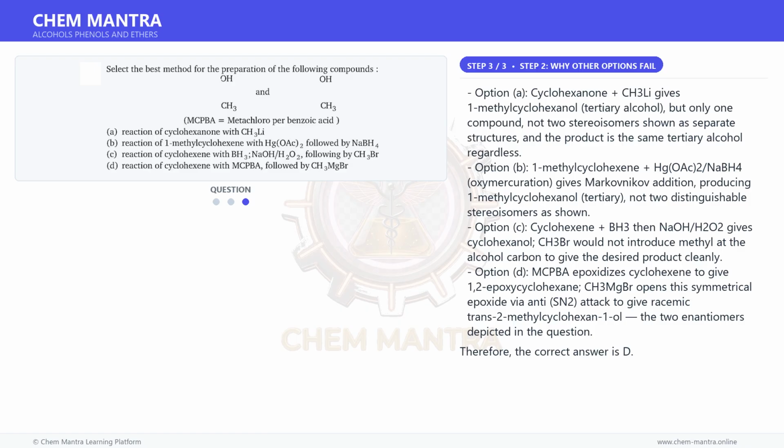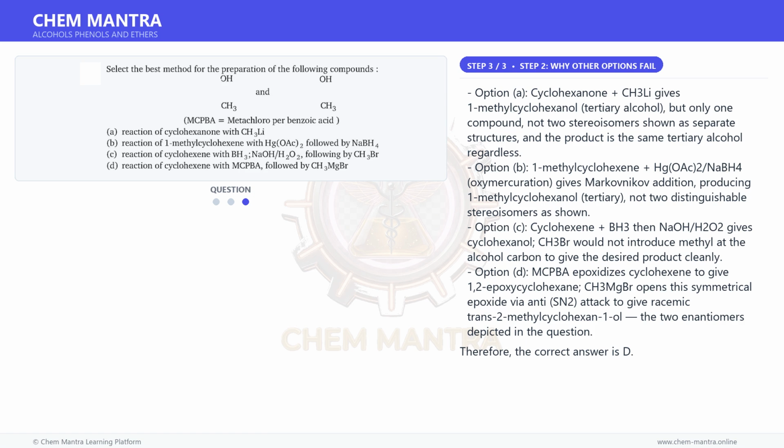Option B, 1-methylcyclohexene plus Hg(OAc)2 then NaBH4, oxymercuration, gives Markovnikov addition, producing 1-methylcyclohexanol, tertiary, not two distinguishable stereoisomers as shown. Option C, cyclohexene plus BH3 then NaOH/H2O2, gives cyclohexanol; CH3Br would not introduce methyl at the alcohol carbon to give the desired product cleanly.